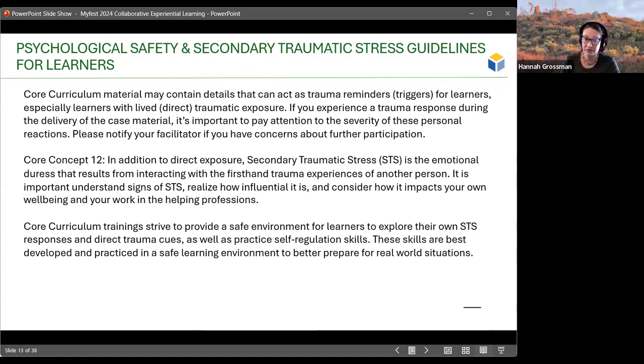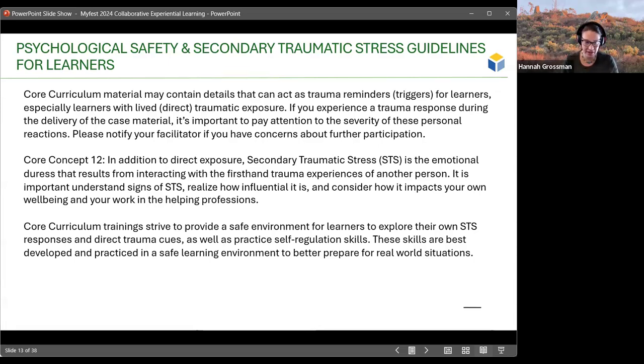Core Concept 12. In addition to direct exposure, secondary traumatic stress is the emotional duress that results from interacting with the firsthand trauma experiences of another person. It is important to understand signs of STS, realize how influential it is, and consider how it impacts your own well-being and your work in the helping profession.